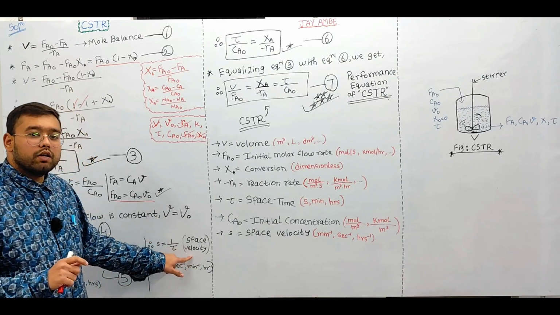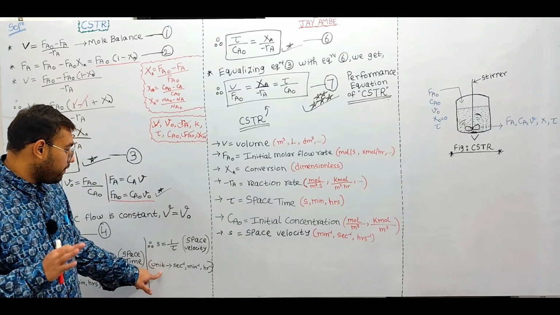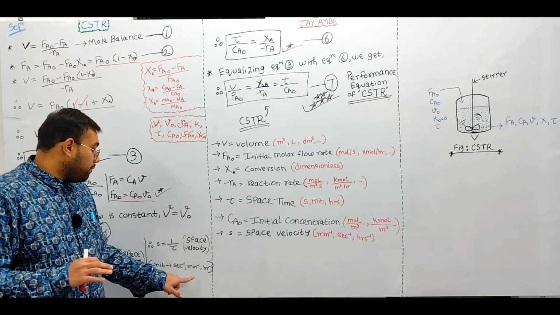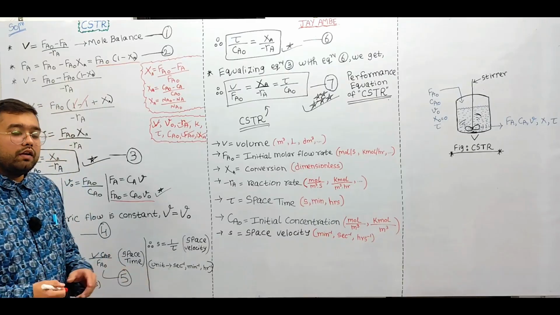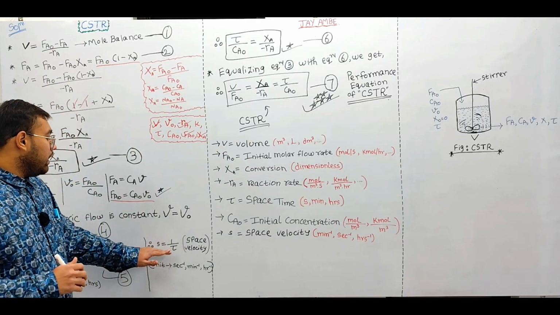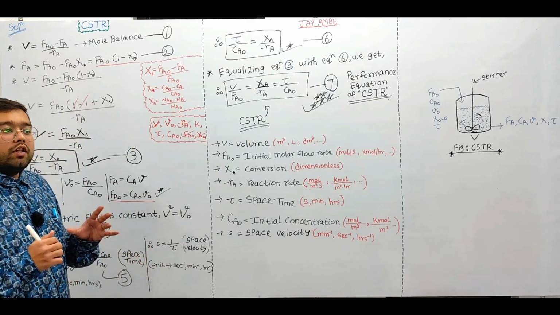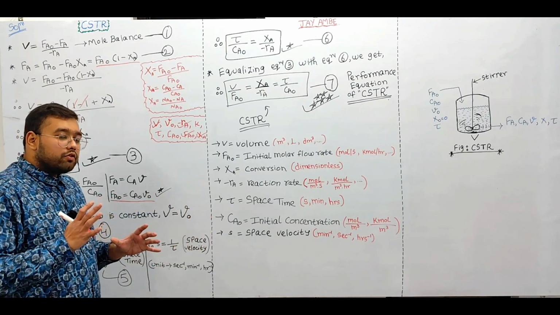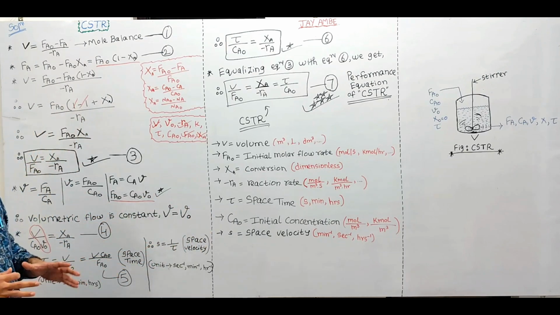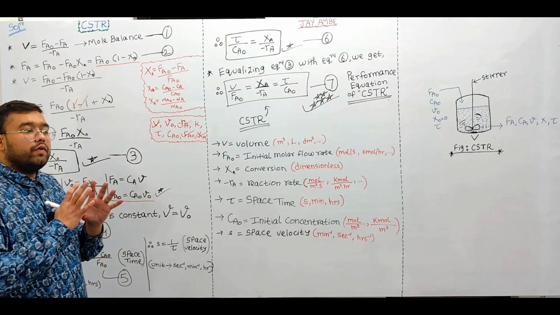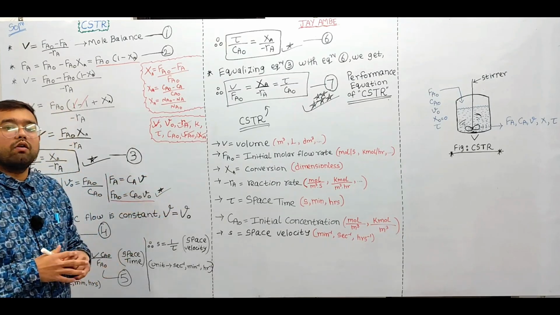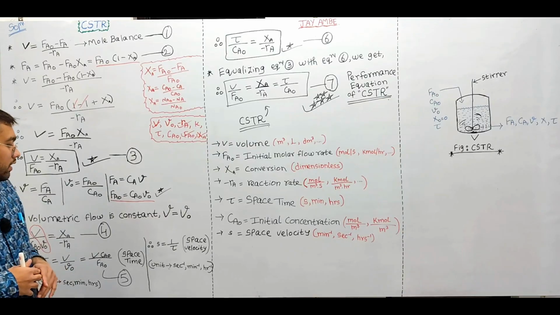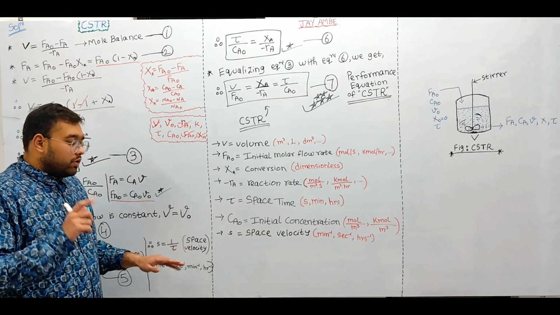The units of the space velocity are second inverse, minute inverse or hour inverse. Space velocity means the amount of reactor volume which we are feeding into the reactor. I hope you understood.